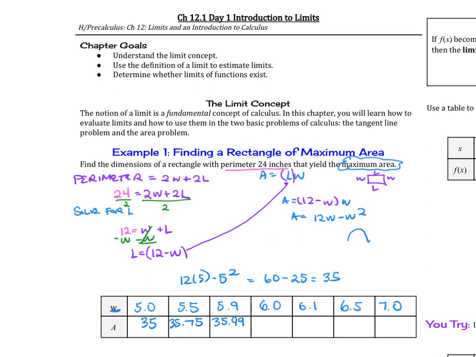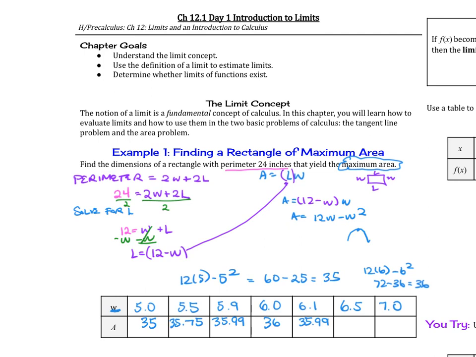And then you plug in 6. We can actually do that without a calculator. 12 times 6 minus 6 squared, that is 72 minus 36, which is just 36. Now let's go to the right of 6. If you plug in 6.1, again, in the calculator you would get 35.99. I hope you see that because this is a parabola, you know it's going to go down, and so the numbers are going to be reflected on the other side.